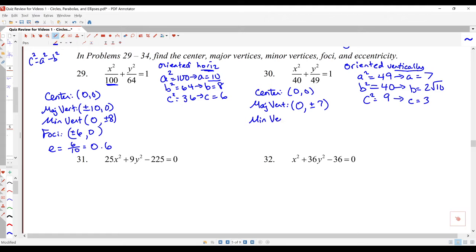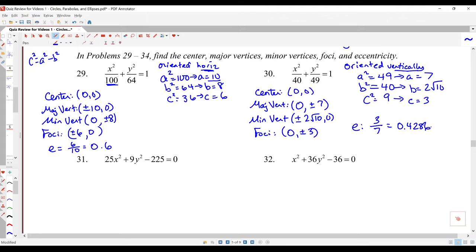Minor vertices would be on the x-axis, so they are going to be plus and minus 2 root 10, 0. Our foci will be on the major axis, 0 plus or minus 3. And our eccentricity is c over a, which as a decimal comes out to be 0.4286.